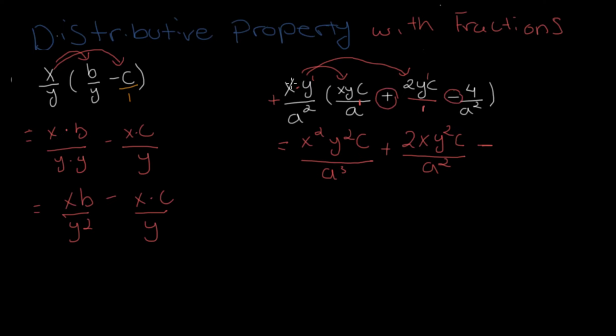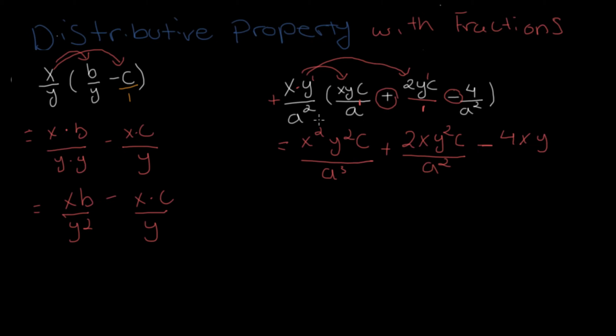So we have xy times 4. Since we don't have a y and an x in this term, we're not going to change it. We're going to keep the coefficient of 4, and we're going to multiply by xy. Now we're going to multiply the denominators. So we have an a squared and an a squared.